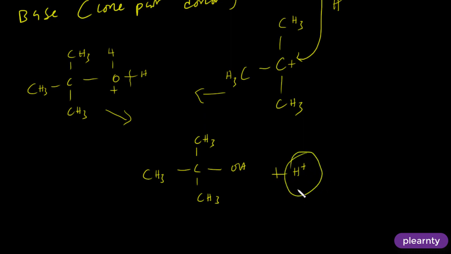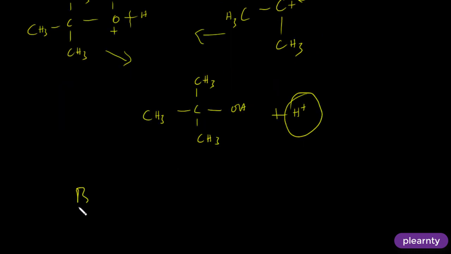Now let's go to the base, the lone pair donor. Imagine something is donating a lone pair. Let's call it B. In a solution where you have H plus, OH minus, and H2O, what do you think would be the most favored substance that it will bind to?